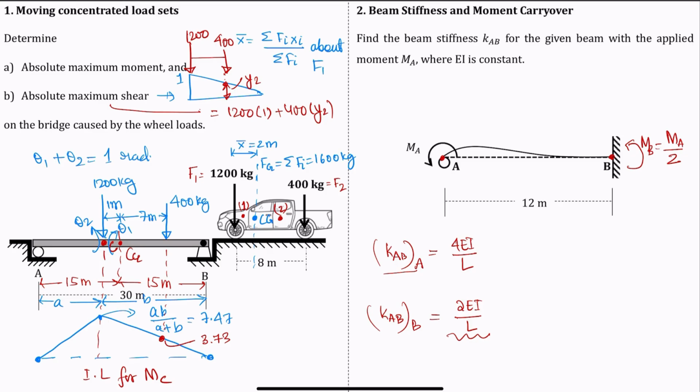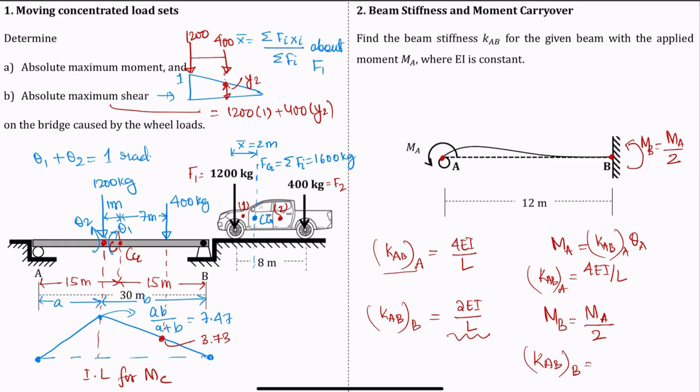And if you still get confused, remember that MA is equal to KAB at A times theta A, and KAB at A is equal to 4EI over L, and it is given that MB is equal to MA over 2, so KAB at B will be equal to 2EI over L. And L is given to you as 12 meters.